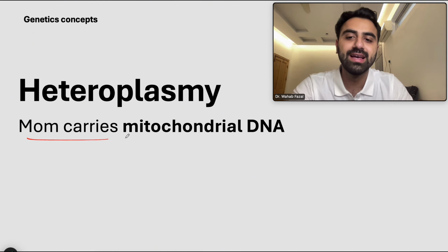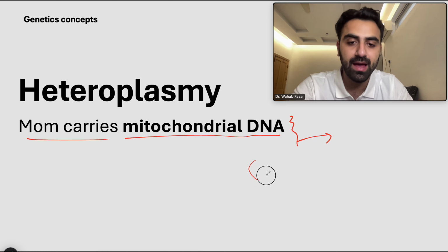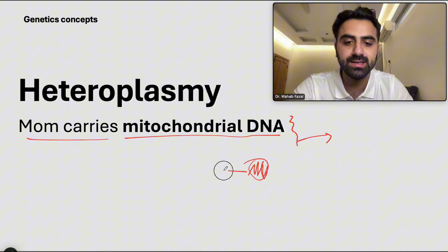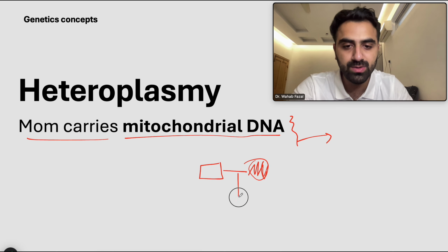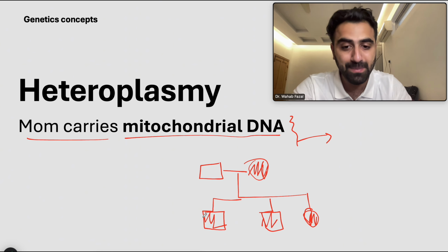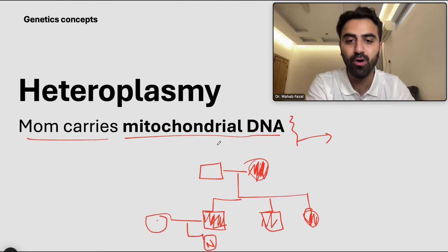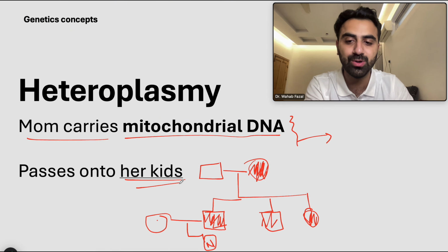Let's say this is a mom with a disease and this is a father without the disease, then all of her kids, no matter how many kids she has, will have the disease just because the mom has the disease. But if her diseased son marries a normal woman, his kids will be normal, because only the mom can transfer the disease to their offspring. This is the concept of mitochondrial DNA, which is passed on to her kids.